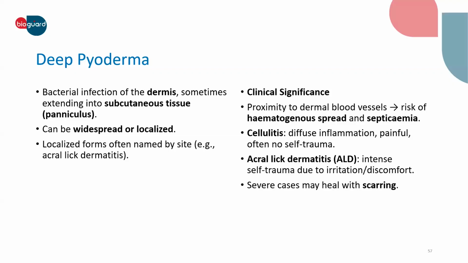And if it's a localized form, it's often named by the site, like acral lick dermatitis. The clinical significance of deep pyoderma is that it is usually in proximity to dermal blood vessels, with risk of hematogenous spread and septicemia.